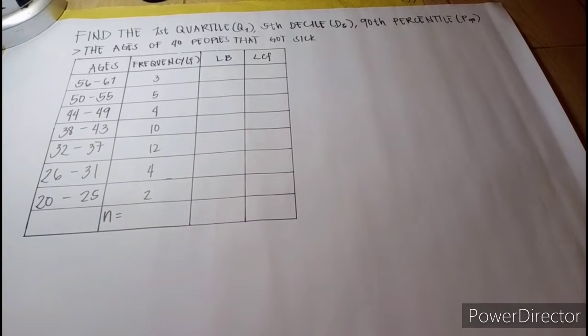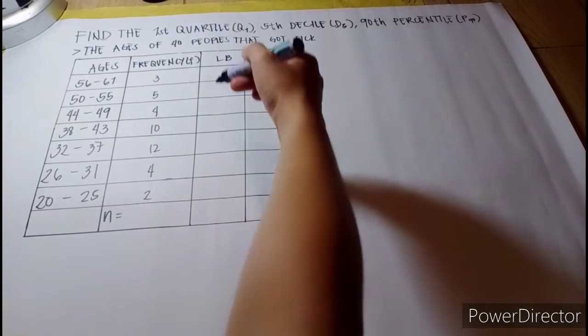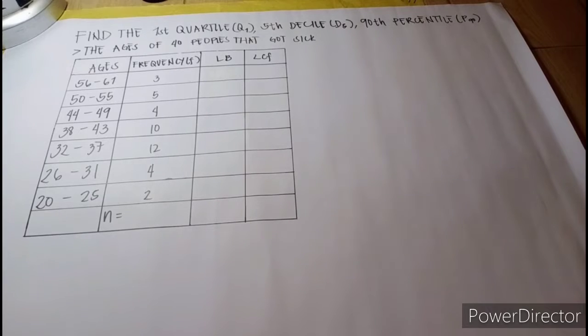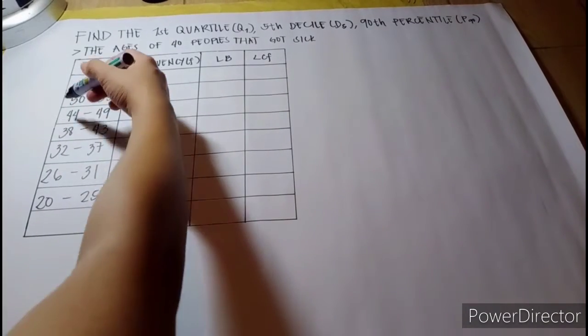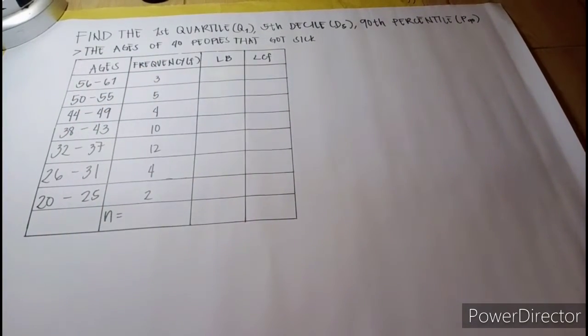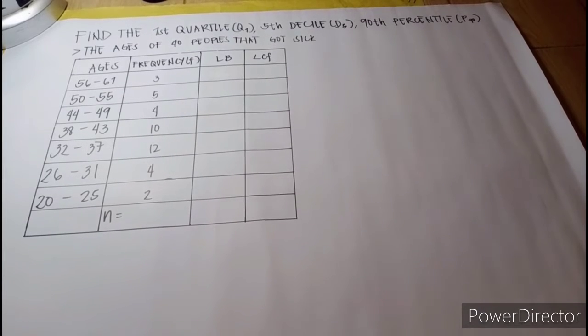But in order to find the quartile, decile, and percentile, we need to get the lower boundary. This is the lower boundary. So how can we get it? First, we focus only on our lower limit. Then we subtract 0.5 from the lower limit.